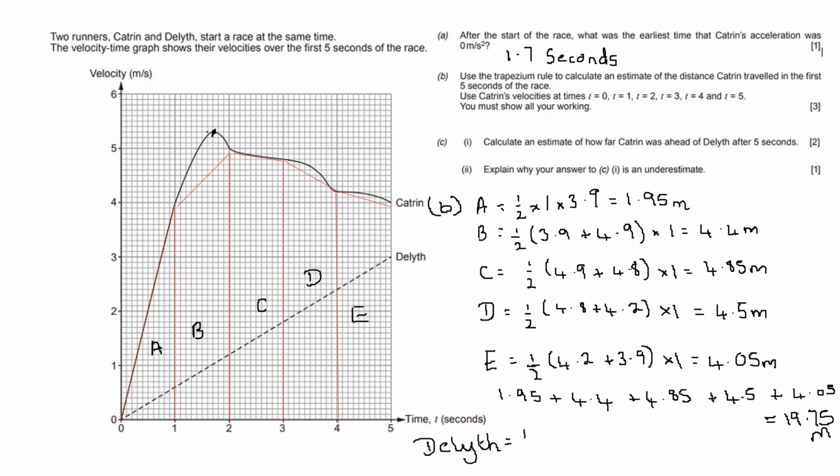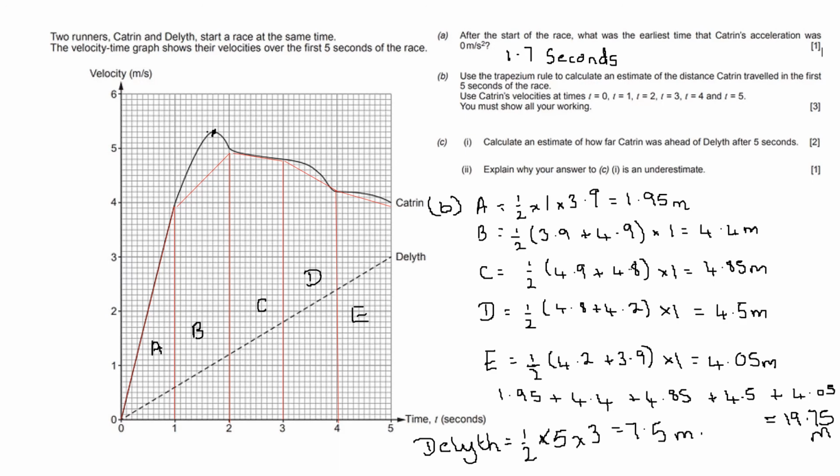Delith has travelled half times the base, which is 5 seconds, so times 5, and the height of the triangle, which is 3. So Delith has actually only travelled 7.5 meters.